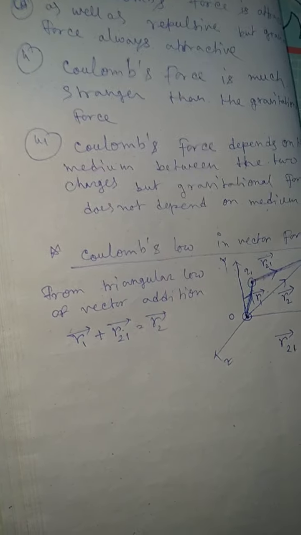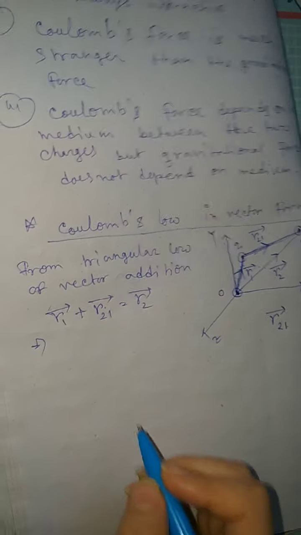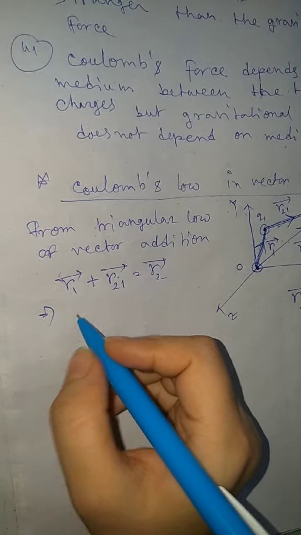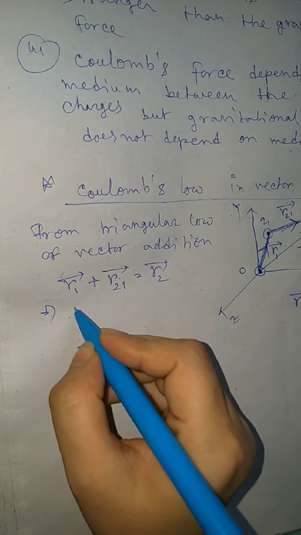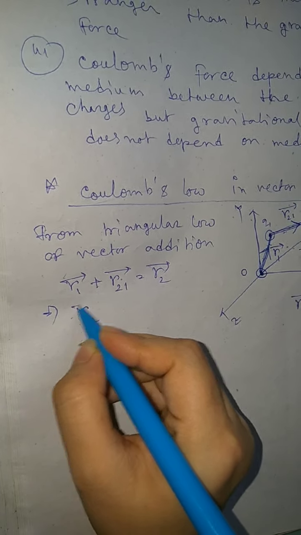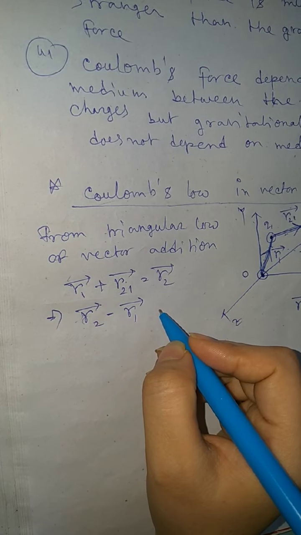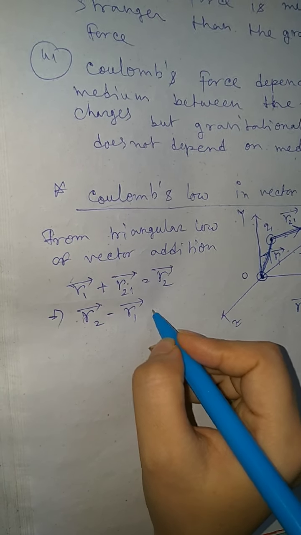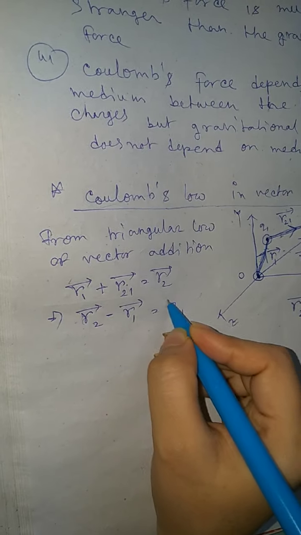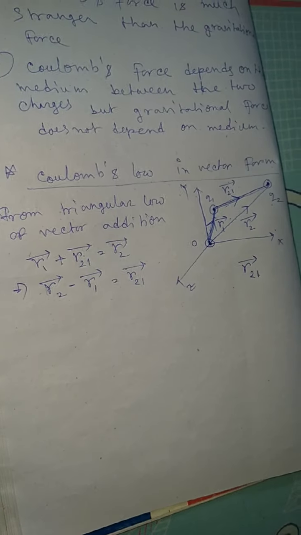Okay. So from this equation we get R2 vector minus R1 vector equals to R21 vector.